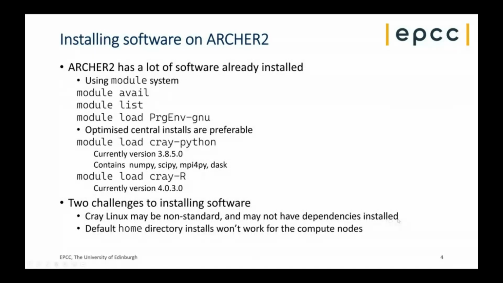If we have things where we need large amounts of dependencies installed because the package you're using is built on something like Ubuntu or expects a whole bunch of things to be installed, then we can use containers like Docker to actually run a prepackaged operating system with all the things in for you, instead of you having to install all those things manually yourself in your home directory or your work directory on ARCHER2.